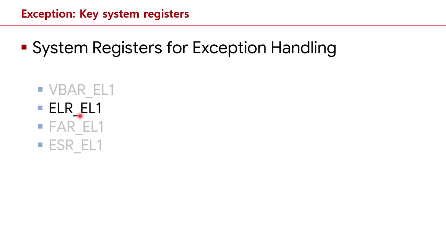So another system register like FAR_EL1 register or ESR_EL1 register is also updated every time the exception occurs. From the debugging perspective at low levels of the program, those three registers are extremely important. When you go through the crash issues or exception issues, you will check the value of this system register.